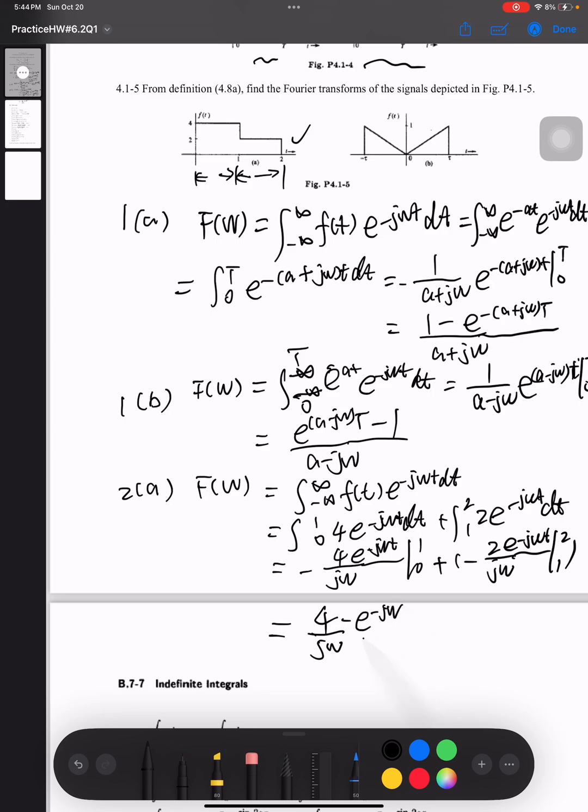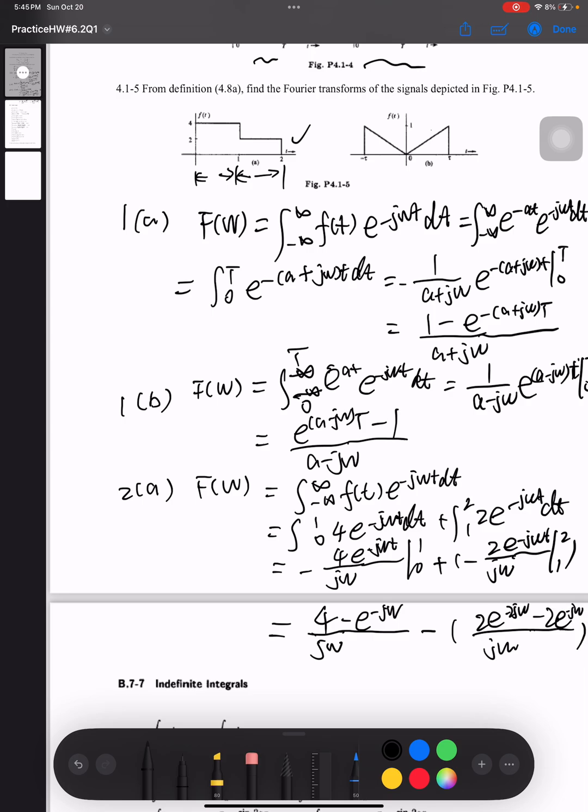And the second one, we can just put this outside, so it's 1 over j omega times (e^(-j omega) minus e^(-2j omega)).